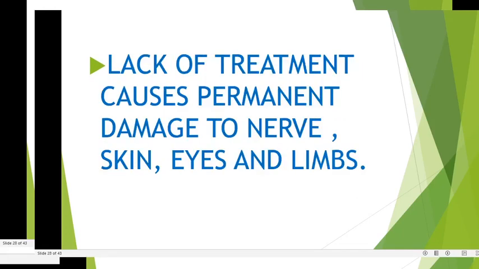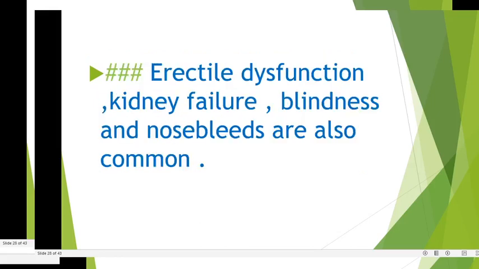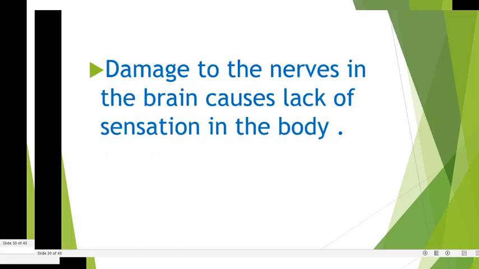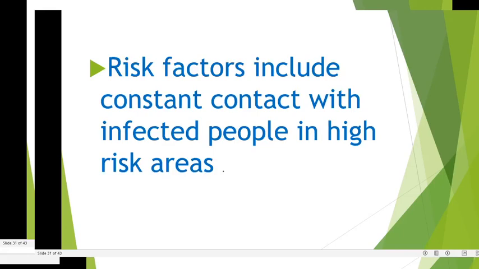Lack of treatment causes permanent damage to nerves, skin, eyes, and limbs. Erectile dysfunction, kidney failure, blindness, and nosebleeds are also common. Damage to the nerve in the brain causes lack of sensation in the body. Risk factors include constant contact with infected people in high-risk areas.